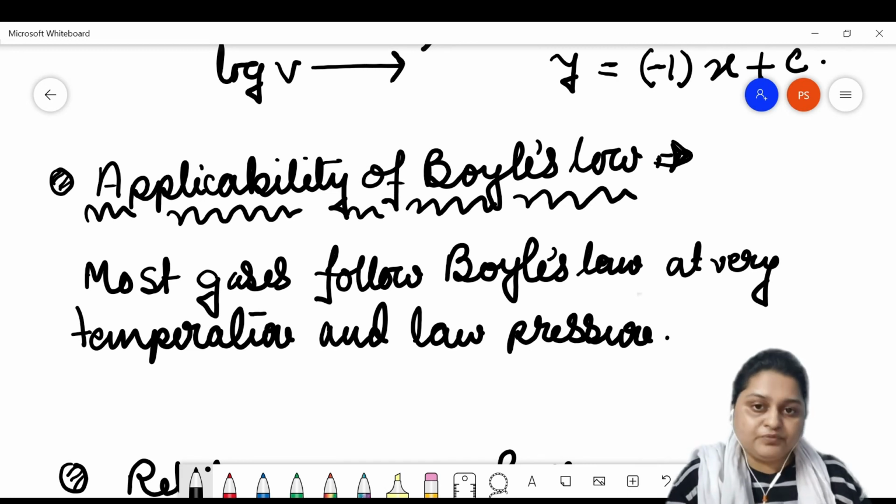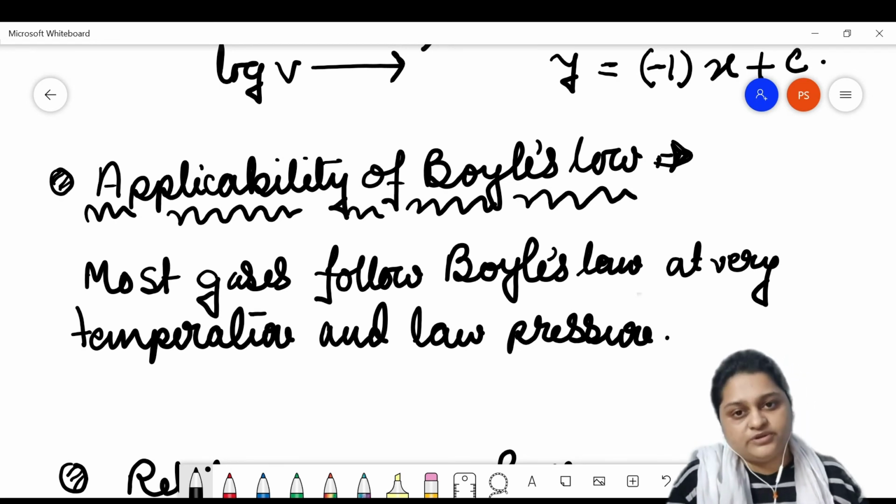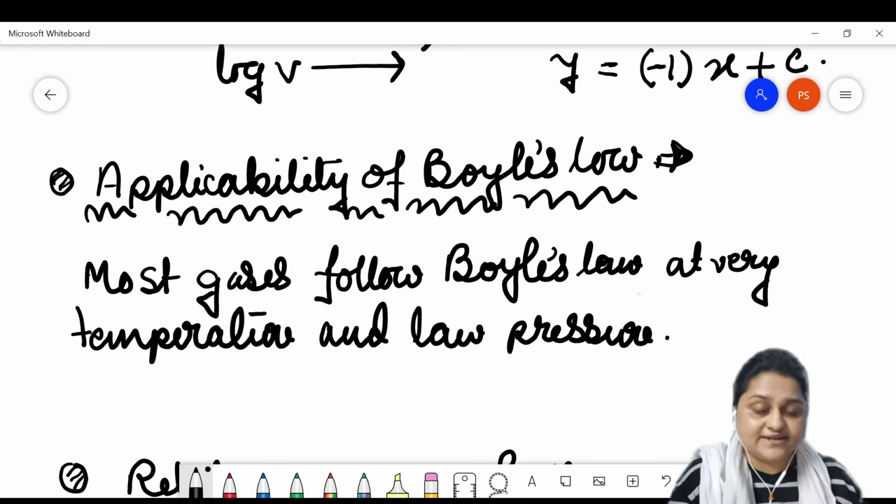In fact, hydrogen, nitrogen, these kinds of gases obey Boyle's law to some extent, but carbon dioxide, ammonia, these types of gases show a huge amount of deviation from Boyle's law.